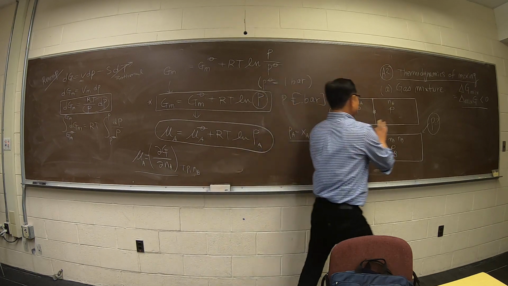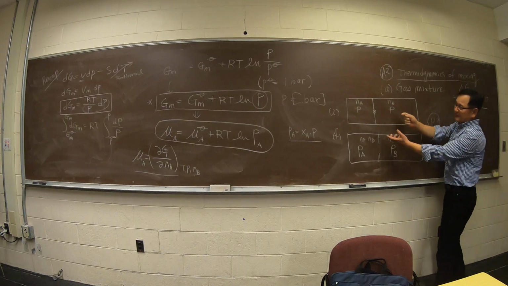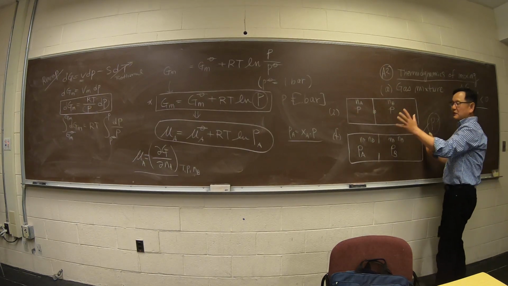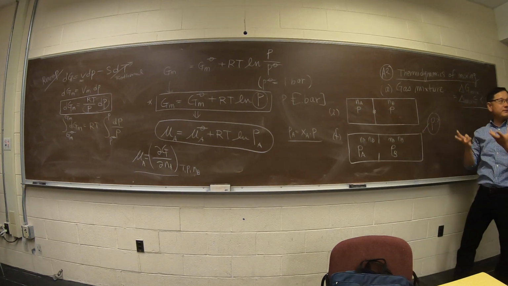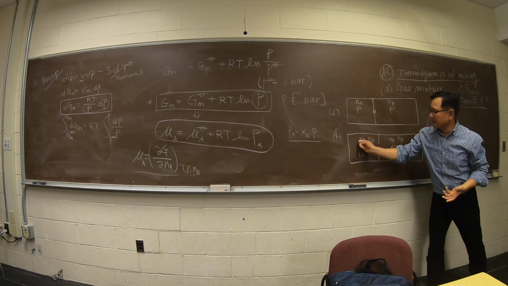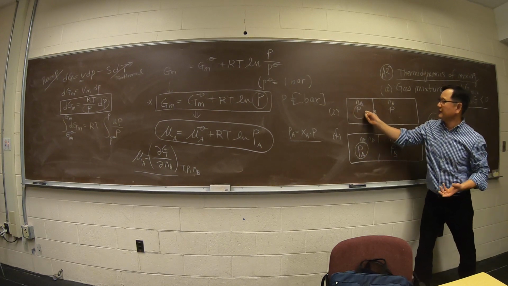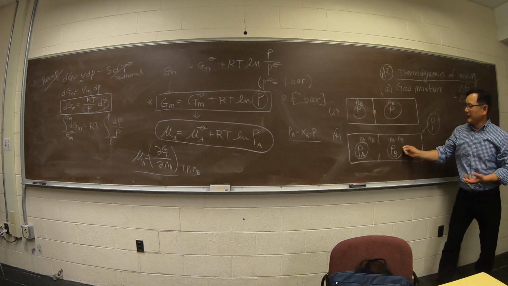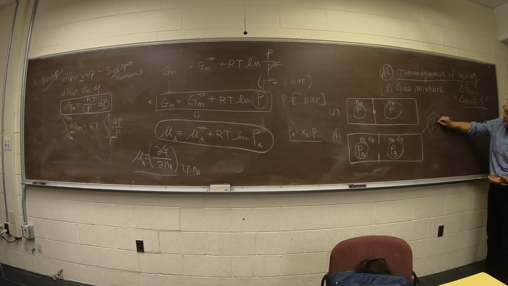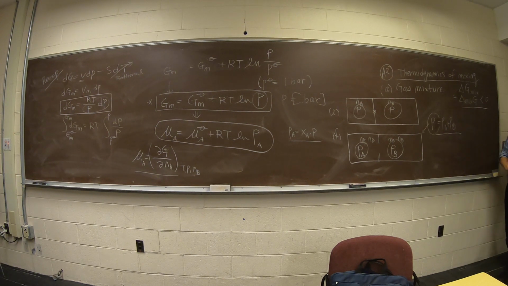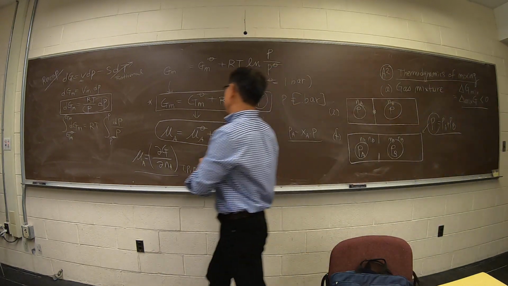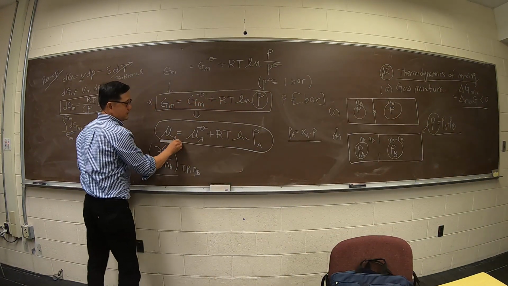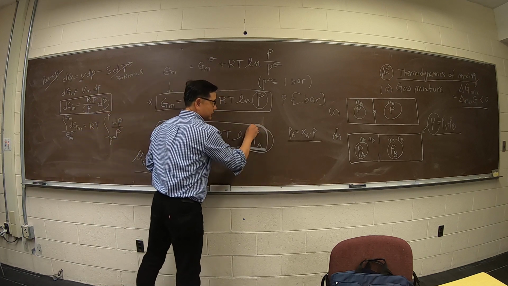So it looks like nothing happens, right? The only thing is that when I open that up, A moves around, B moves around. There's no pressure difference, same total pressure before and after. But as far as A is concerned, I don't feel the same partial pressure. And if B is concerned, I don't feel the same either. And the total pressure is now the sum of the partial pressures. So remember, the chemical potential for gases depends on the pressure they are feeling.